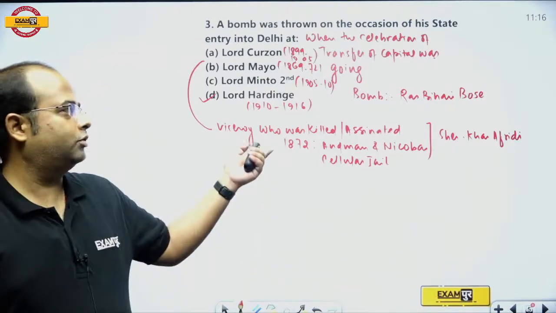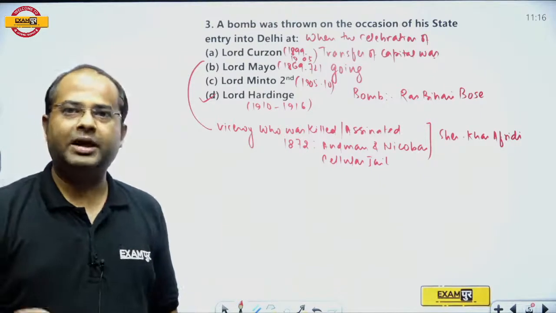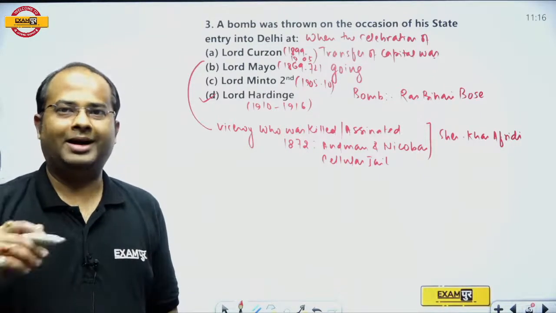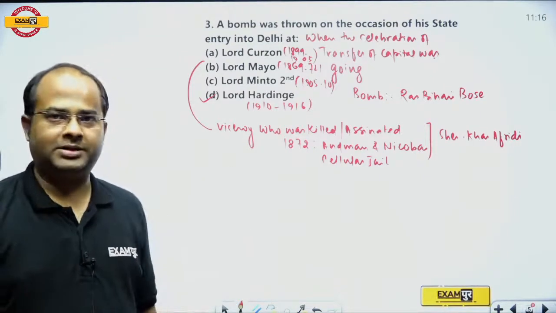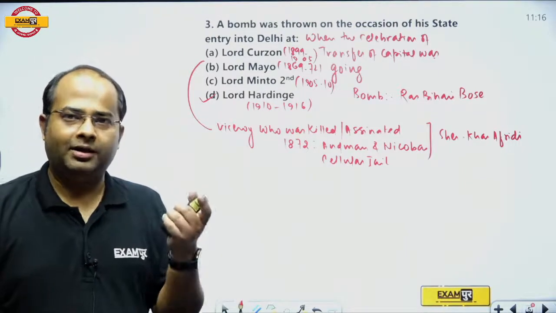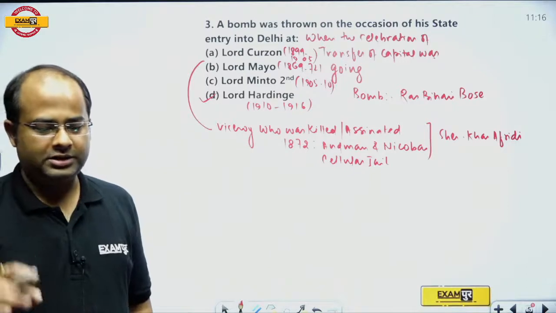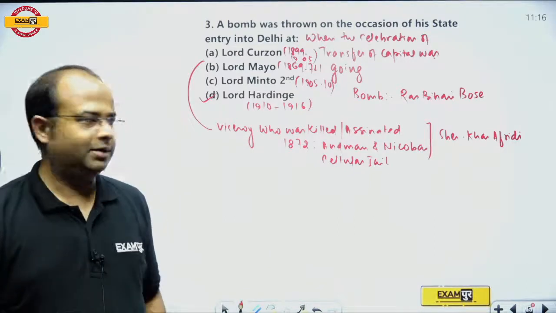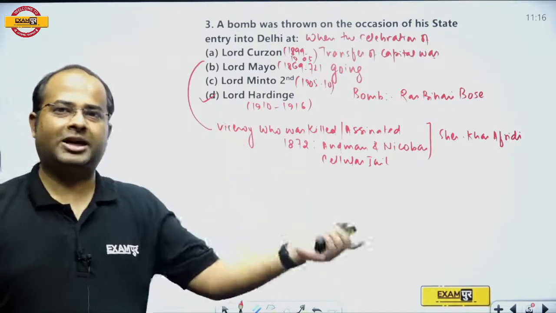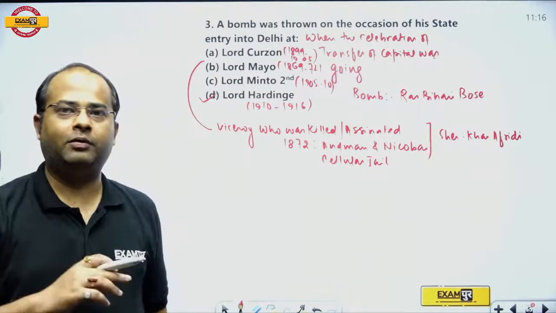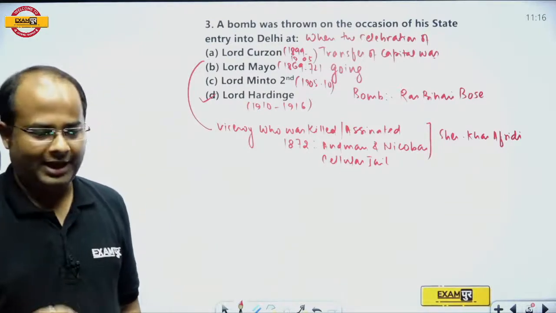So the bomb was thrown by Ras Bihari Bose. Although Ras Bihari Bose was not arrested, he fled from the place. And actually, Lord Hardinge suffered brutally, but he did not die. While he was coming from Chandni Chowk and going into the Red Fort, at that point of time, this event happened.